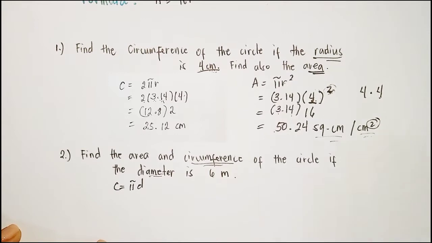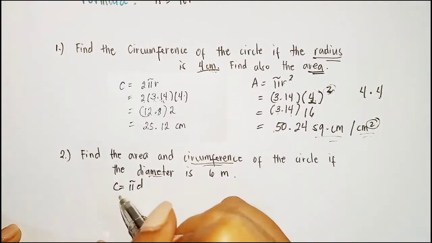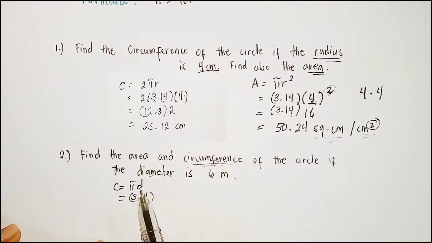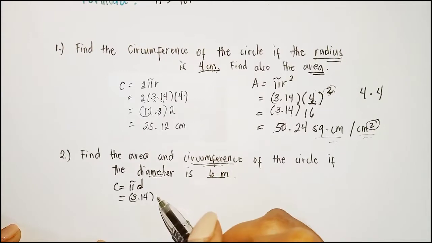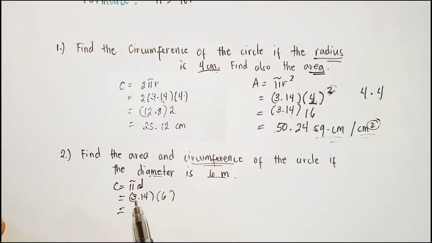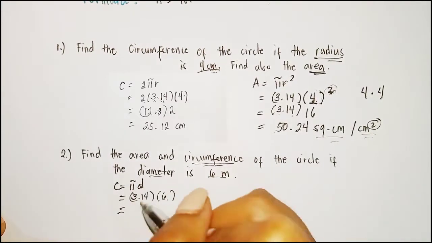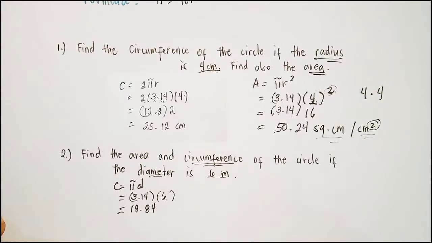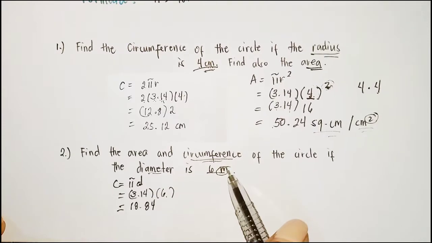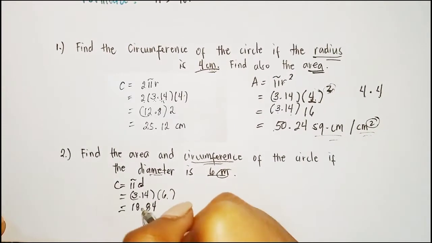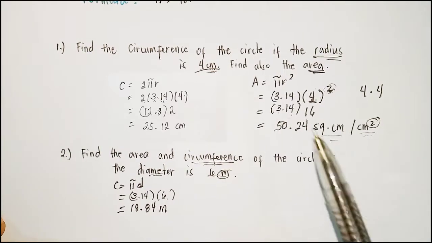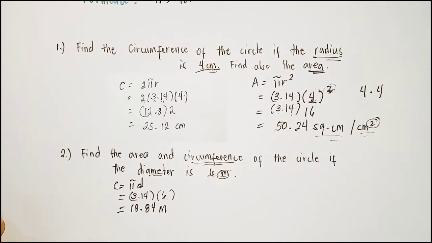Same process, just substitute the value of the given and the pi itself. We have 3.14 times diameter, and the diameter is 6 meter. And then we have 3.14 times 6, that is 18.84. And dahil ang ating label dito ay meter, therefore, that is 18.84 meter, and that is the length of the circumference of the circle.